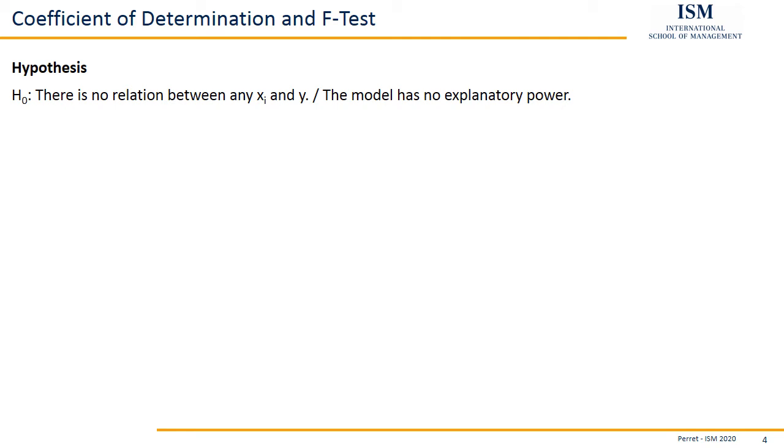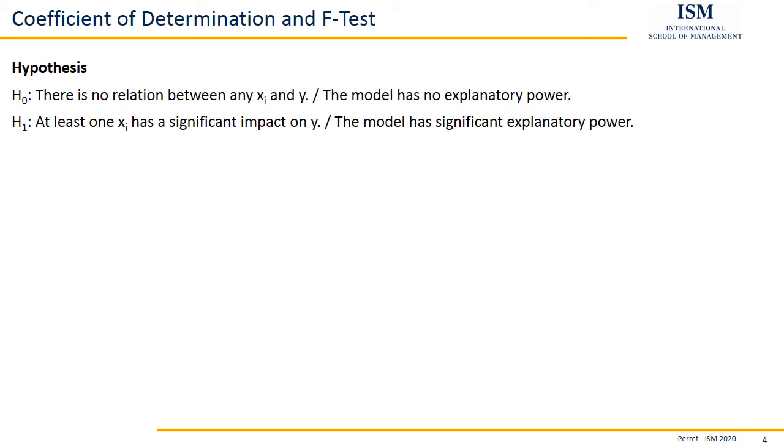The exact logical opposite to this, the H1 hypothesis, then reads as at least one of the xi has a significant impact on y. Or in other words, one of the coefficients is significantly different from 0, at least one of them, or the model has significant explanatory power. And that's what we're actually going to test, whether at least one of the coefficients is significantly different from 0.